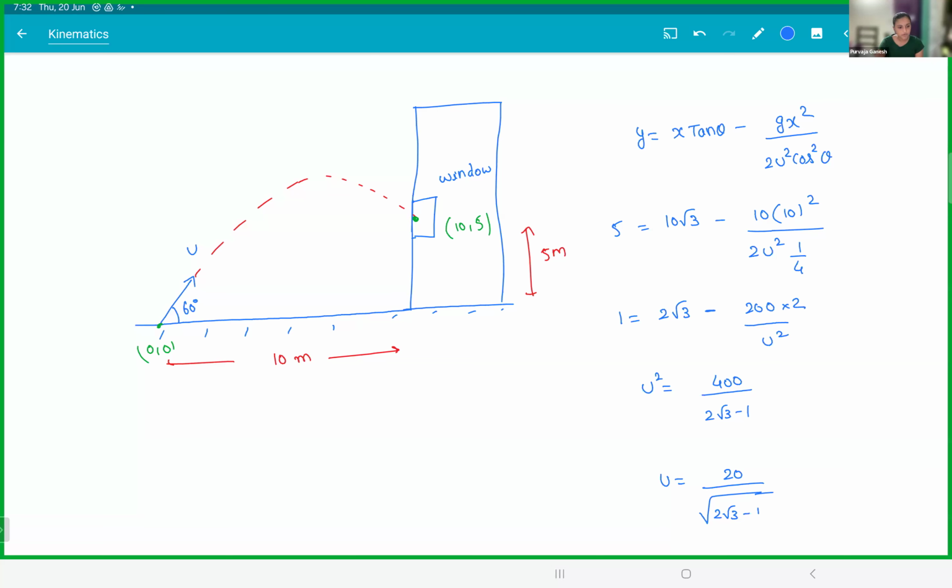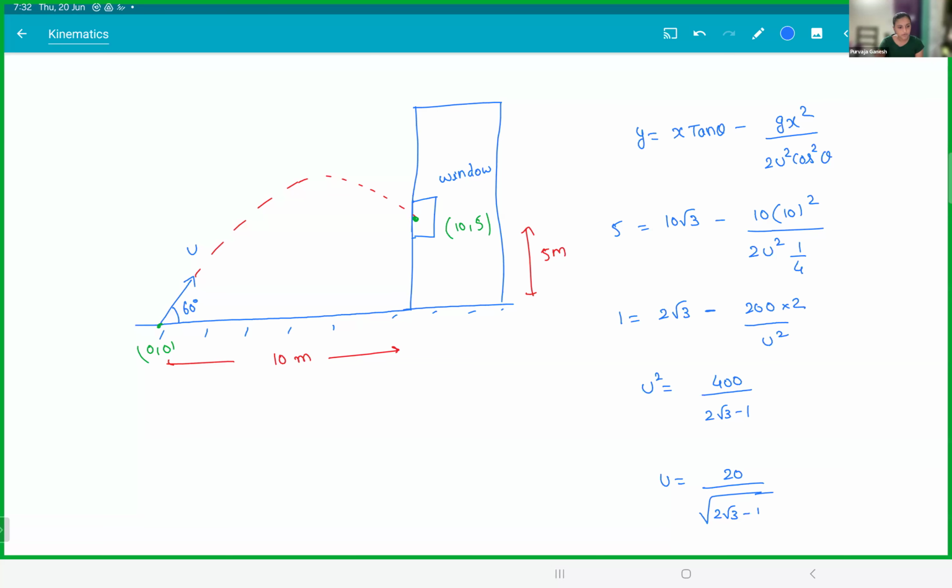Now, what about the speeds? Now, for speed, you can do something interesting. I can find the speeds in a normal way. Let me show you that also. So let's say you project with speed u, you go and land on the ground with the speed v and angle theta and the height is h.